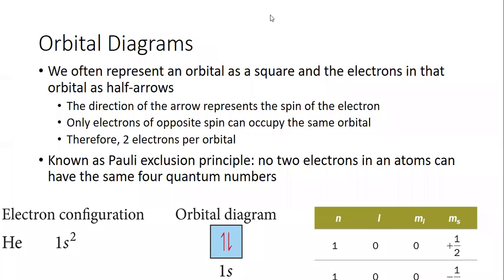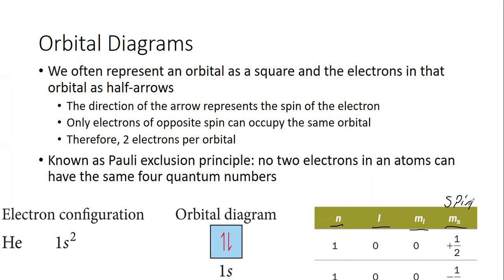So for any electron, every electron inside the atom gets a set of quantum numbers associated to it. And we already talked about three of those numbers, n, l, and m sub l. The last quantum number that we haven't talked about yet is called m sub s, also called the spin.